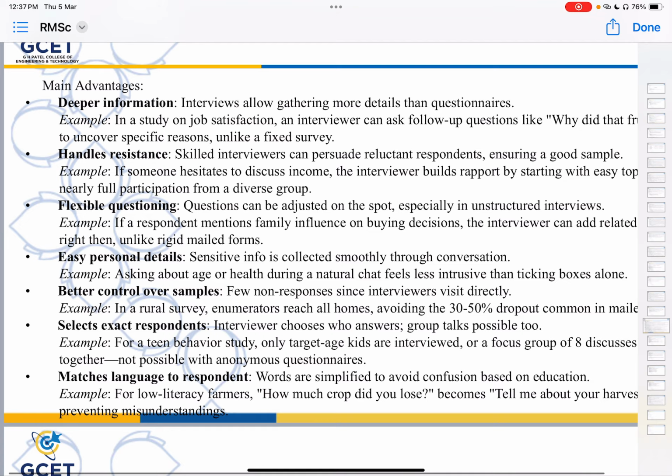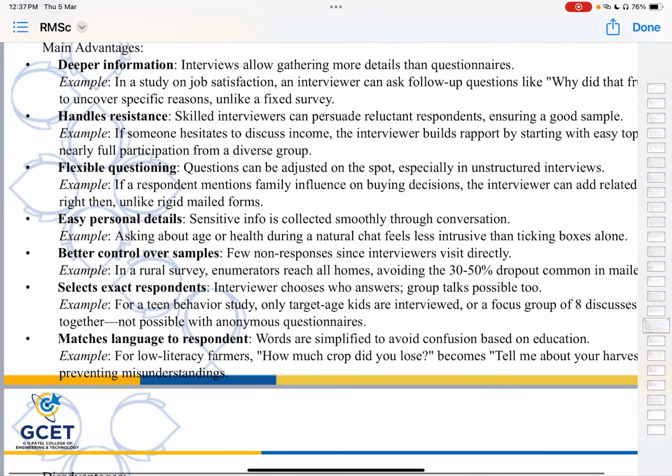Then flexible questioning. Questions can be adjusted on the spot, especially in unstructured interviews, like easy personal details. So sensitive information is collected smoothly through conversation. Then better control over the sample. Select exact respondents, so the interviewer chooses who answers.